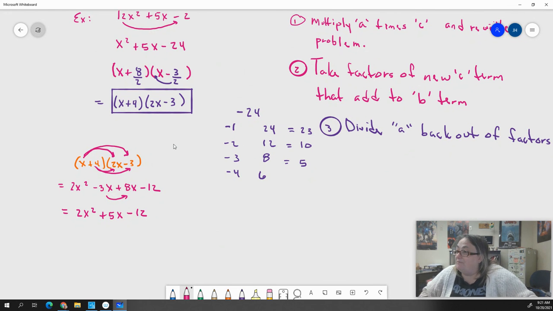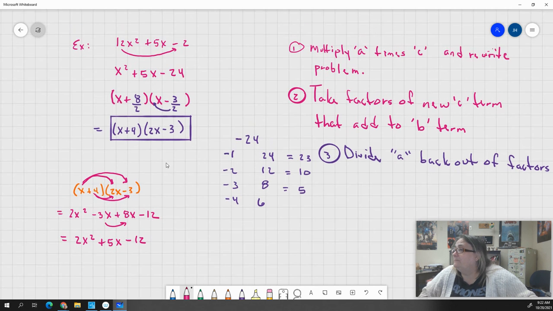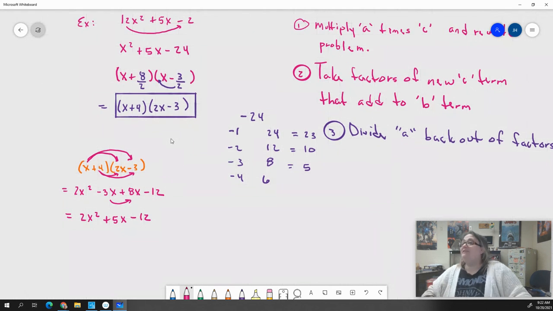Because when I multiplied 4 times 2 times, what did I do? 2x. Where did I screw it up? The x plus the 8. Oh, I divided by 2 instead of 12. I thought I'd multiply. That was my bad. I should have looked at the beginning problem.